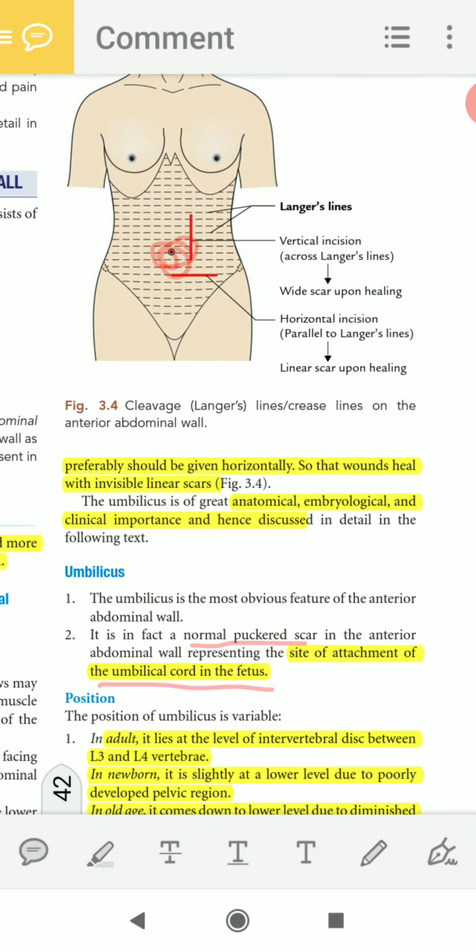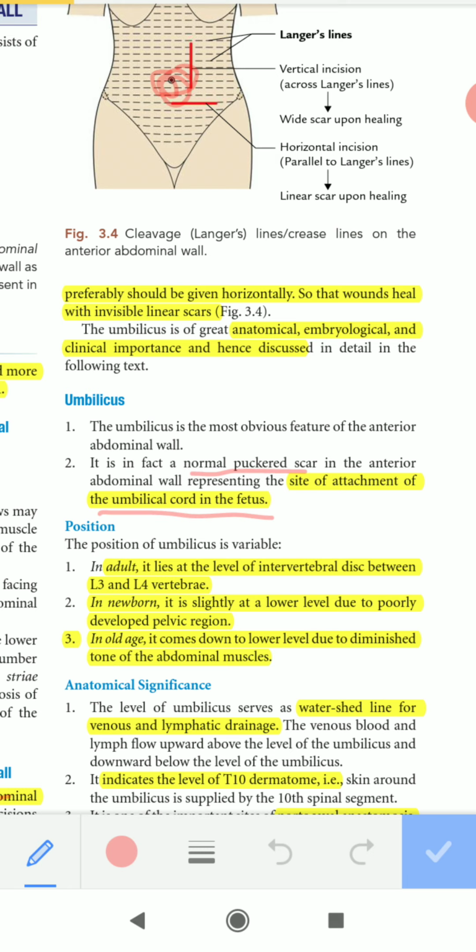Now what is the position of the umbilicus? In the adult, it lies at the intervertebral disc between the lumbar 3 and lumbar 4 vertebrae, but in the newborn and old age, the umbilicus lies at a lower level, because in the newborn the pelvic region is poorly developed, and in old age the abdominal muscle tone is very diminished.